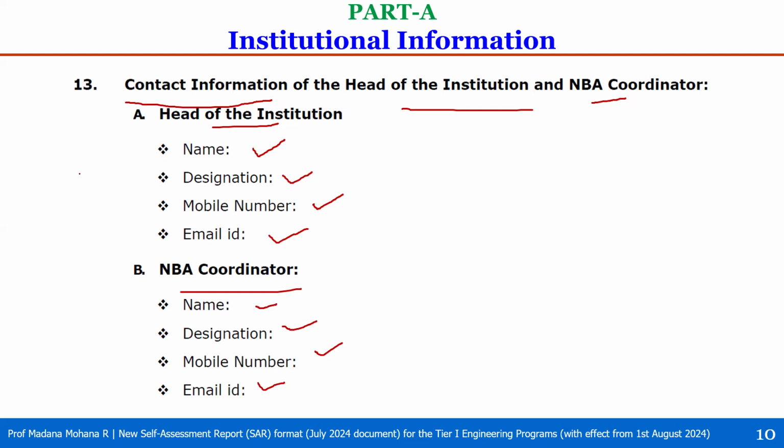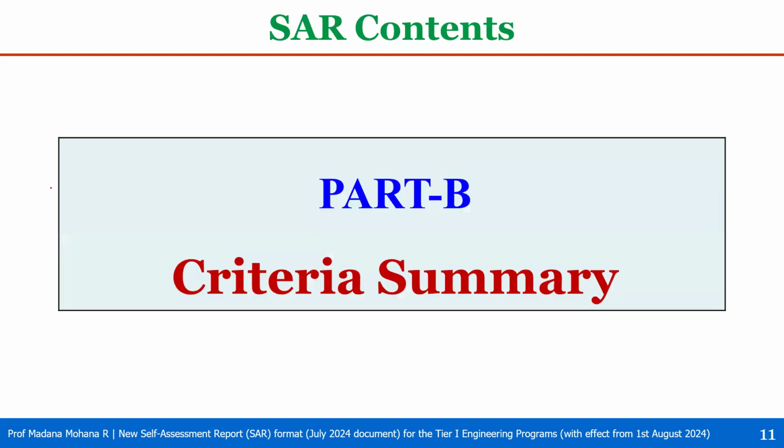Now we will see the annexures used in criterions. So centrally we will see the annexures. So later in upcoming videos, criteria wise we will see in detail. Okay, then coming to part B, before moving to annexures, part B, here we will see criteria wise summary, how many criteria and what are their weightages.